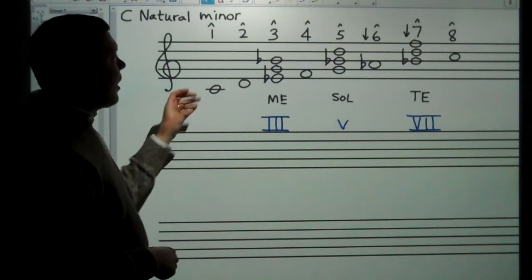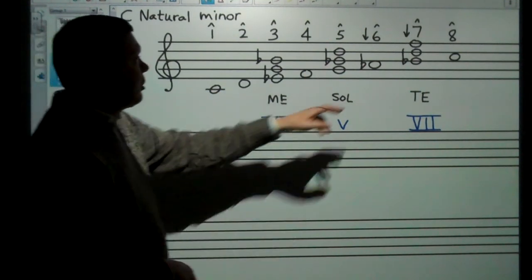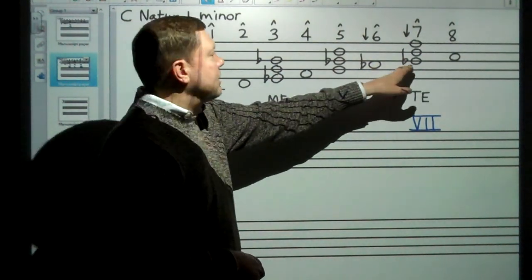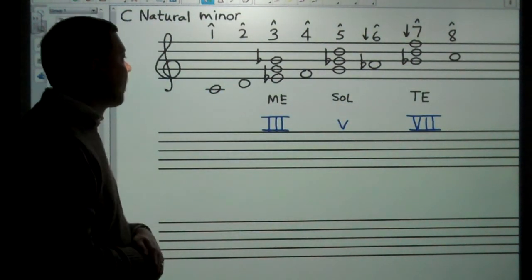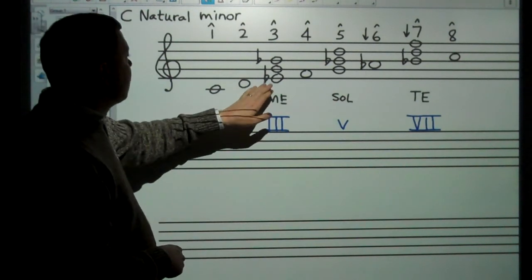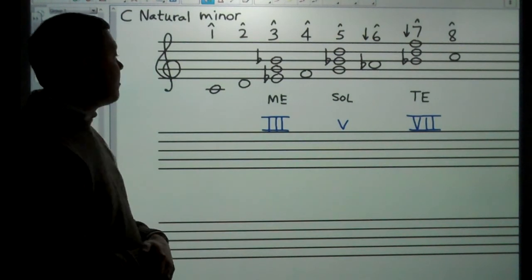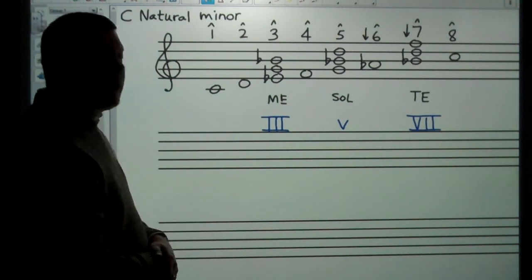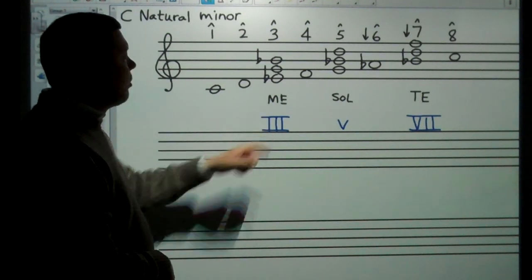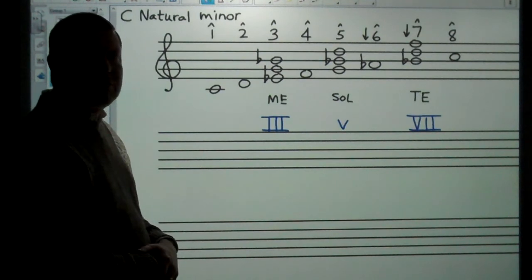So you can see if I use just the notes of the natural form of the minor scale, which includes scale degrees 6 and 7, both of which are in their lowered versions, the chord I get on scale degree 3 is E flat, G, and B flat in the key of C minor, and that happens to be a major triad. So in minor keys, the III chord is always labeled with a capital or uppercase Roman numeral III.